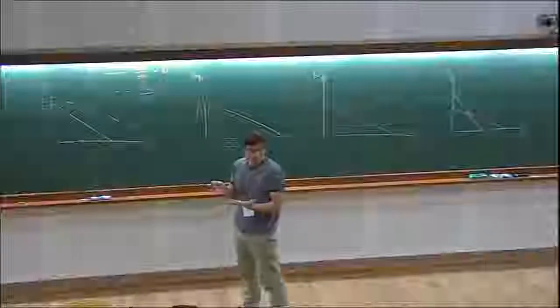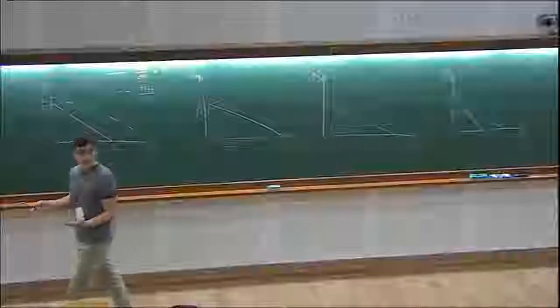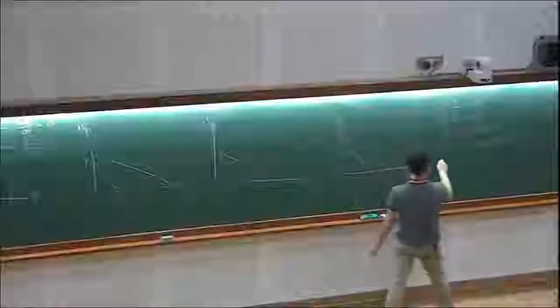But you can imagine that if I gave you a time series, then we should be able to do it. So, for example, let's imagine that we had an oscillation.